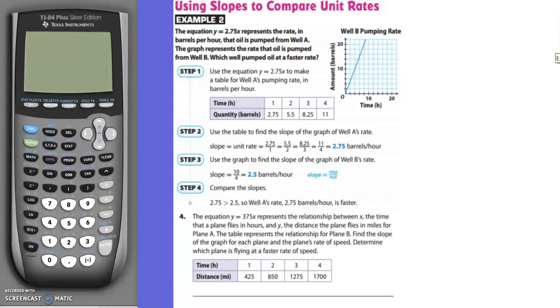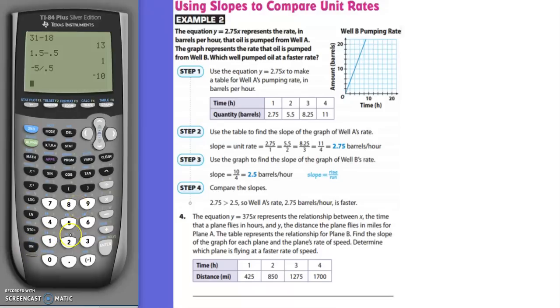Example 2, the equation y equals 2.75x represents the rate in barrels per hour that oil is pumped from well A. The graph represents the rate that is pumped from well B. Which well pumped at a faster rate? Alright, so if we find the constant rate of change, we have 2.75 divided by 1 is 2.75.